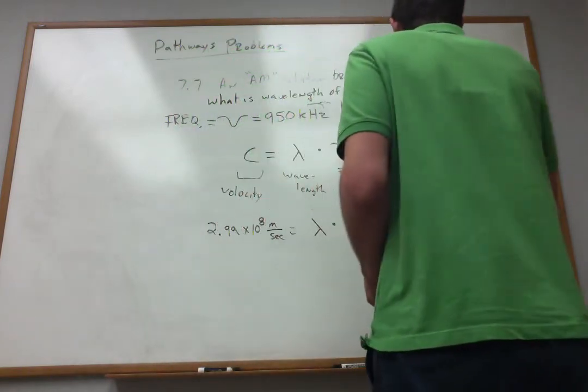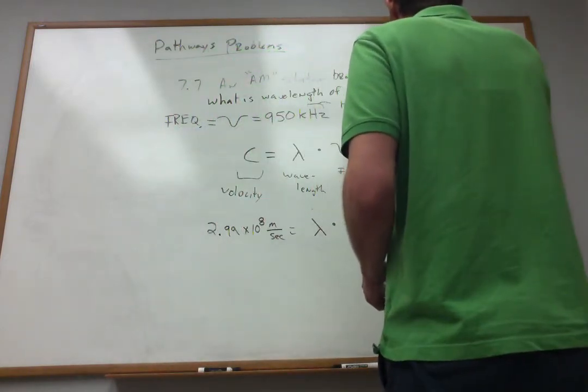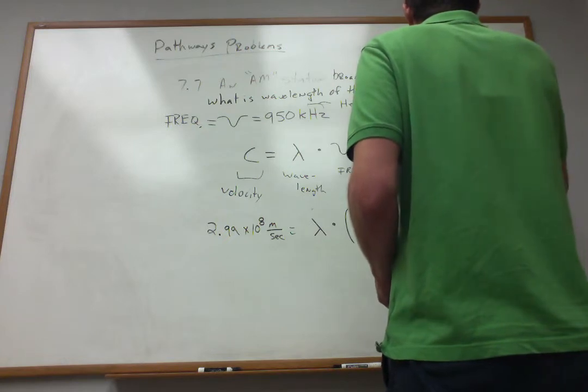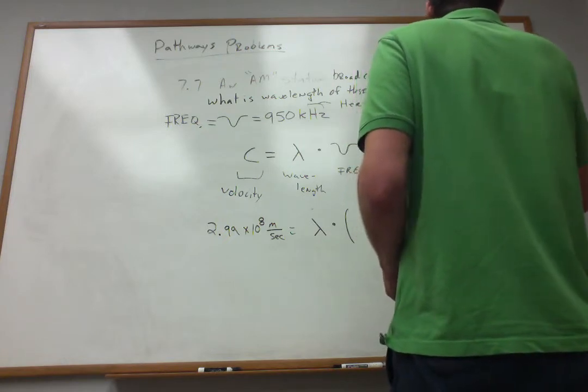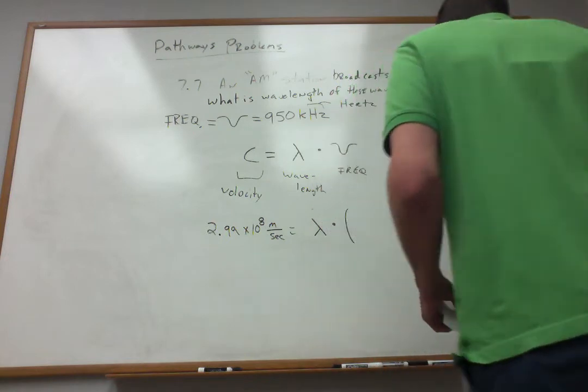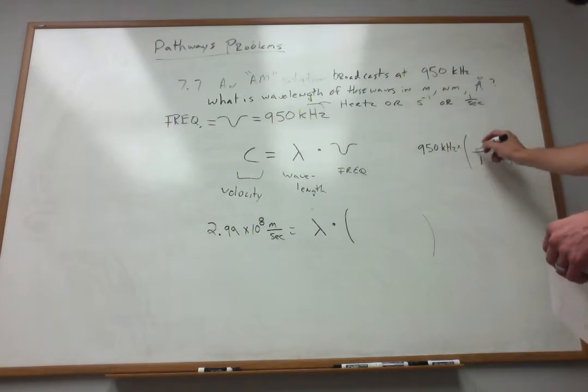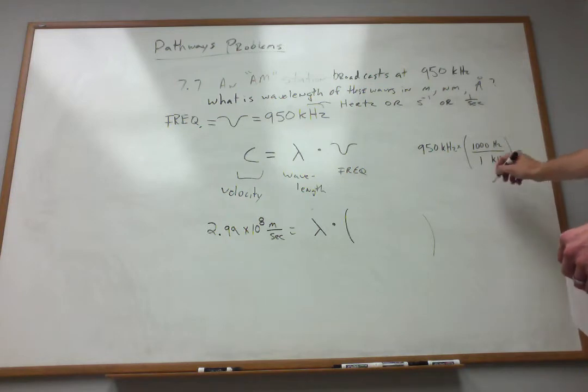So I need to do a conversion. I know it's 950 kHz. It's really easy to do a conversion because this is just a metric prefix, kilo, right? For every 1 kilohertz, there's 1,000 hertz. It's just getting rid of the K.